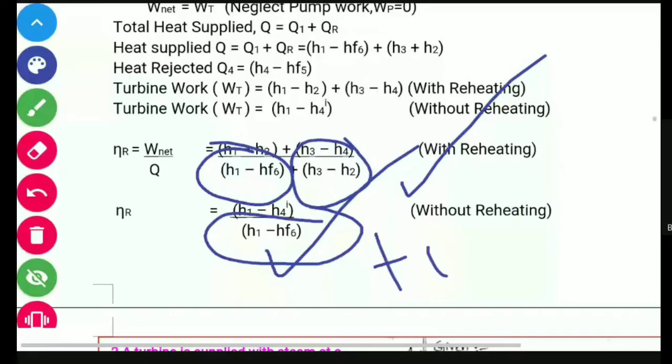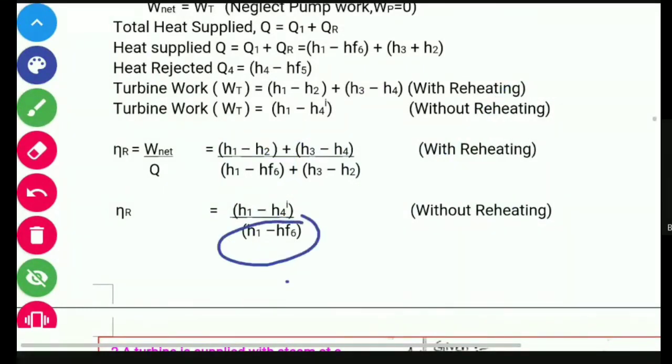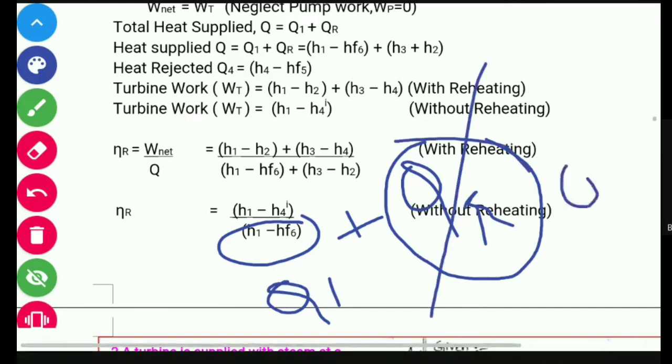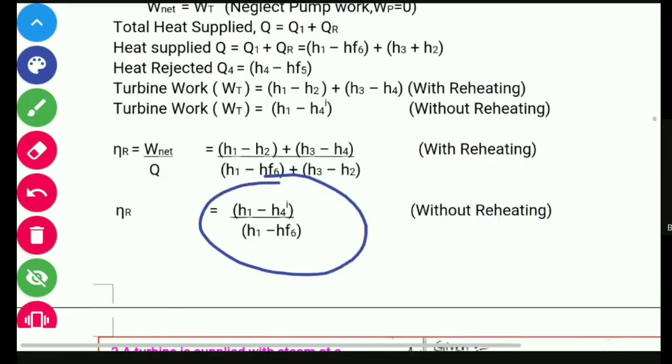That means this is only the Q1 boiler heat. Then QR is the heat supplied to the reheater. There is no reheater, that means that heat will be 0. That means the final formula will be like this only. Okay.